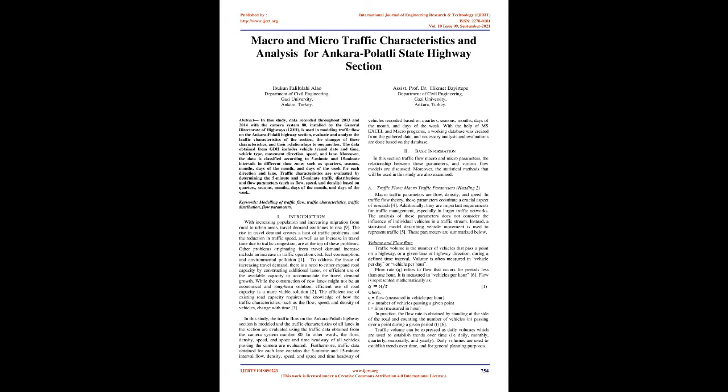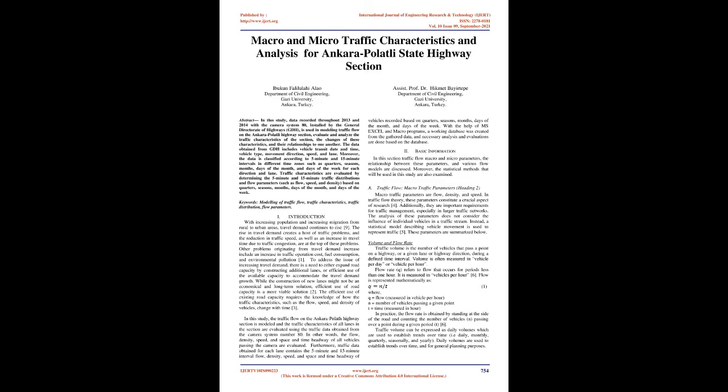The data obtained from GDH includes vehicle transit date and time, vehicle type, movement direction, speed, and lane. Moreover, the data is classified according to 5-minute and 15-minute intervals in different time zones such as quarters, seasons, months, days of the month, and days of the week for each direction and lane.